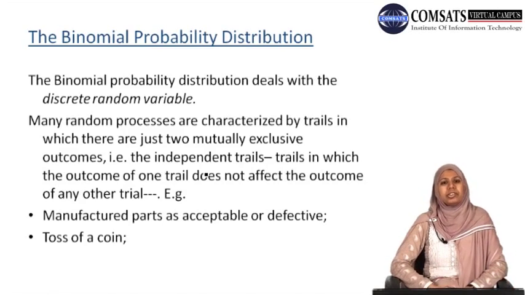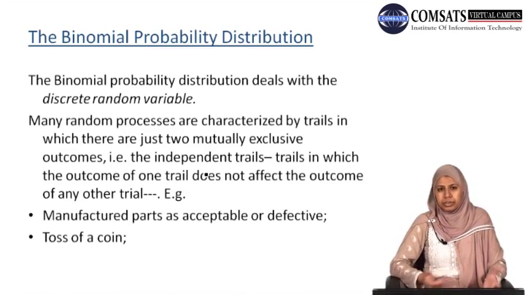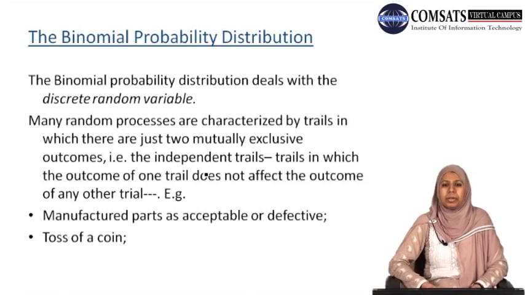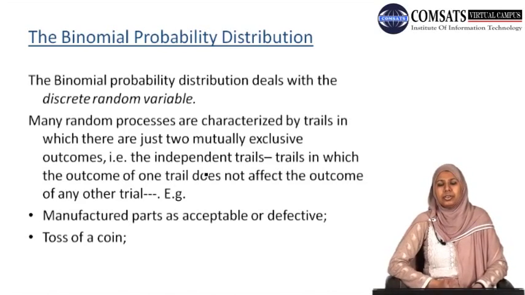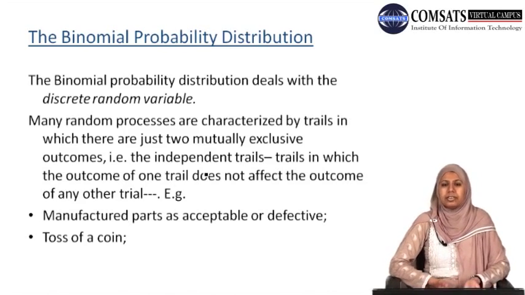For example, if we toss a coin, then no matter how many times we perform this experiment, each trial does not affect the outcome of the next trial or the previous trial, so it is an independent trial. And in each case we have only two possibilities: either we obtain a head or we obtain a tail, and both are totally different from each other, that is, they are mutually exclusive.